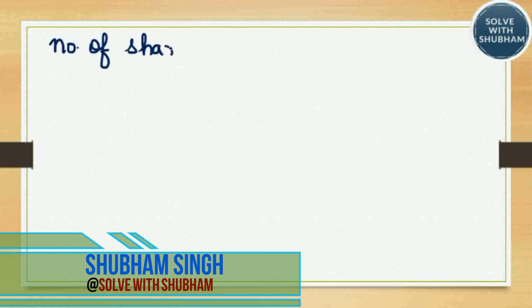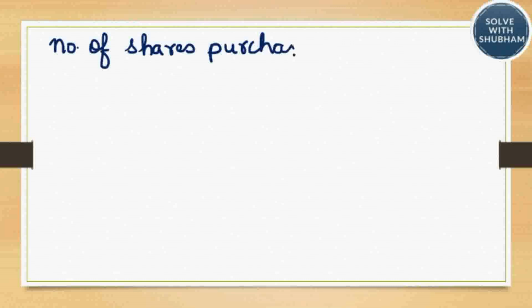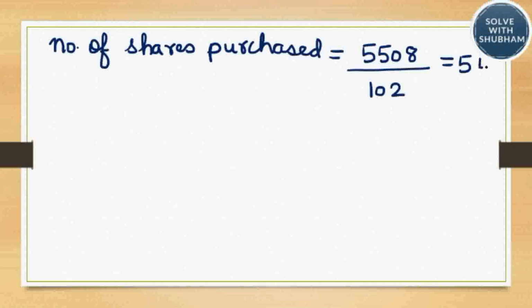So initially, number of shares purchased would be 5508 by 102. So when you calculate, you will get 54. So he has bought 54 shares.